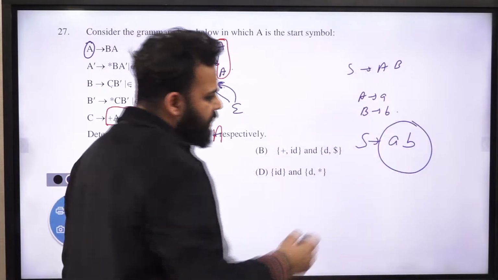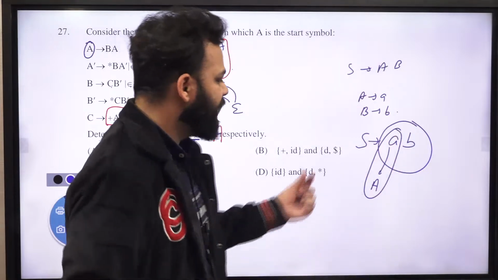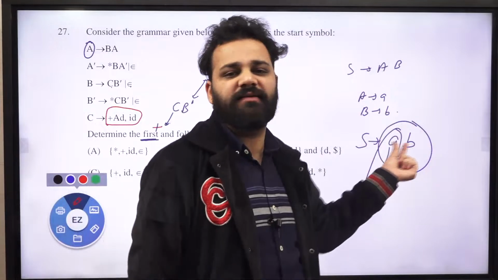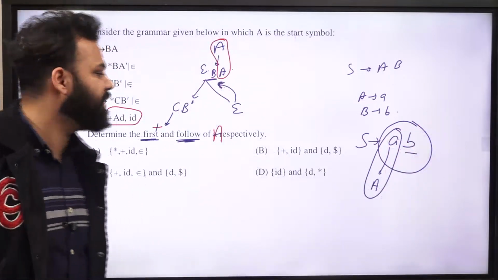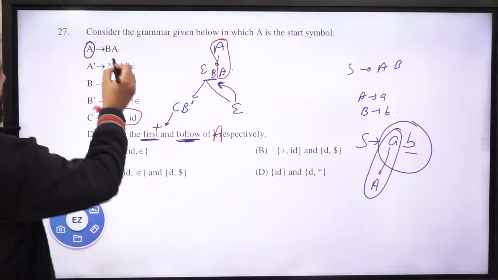Now in this AB, you can see that A is making this A. So what is the exact element which is just after the string that is being made by A, which is equal to B? So how can we find the follow of A? Go to the right side, see the element where A is present. So A is present here.